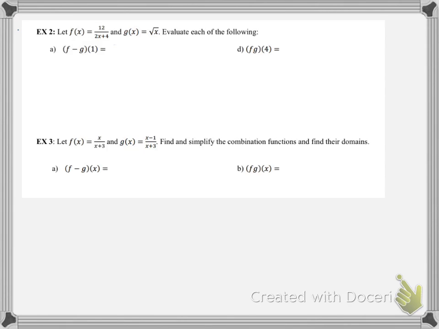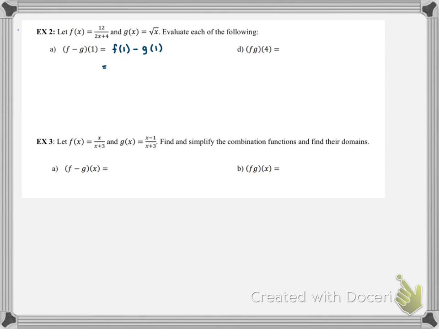Okay, so evaluating these with numerical inputs is the same idea. If I have f minus g of 1, that's just f evaluated at 1 minus g evaluated at 1.